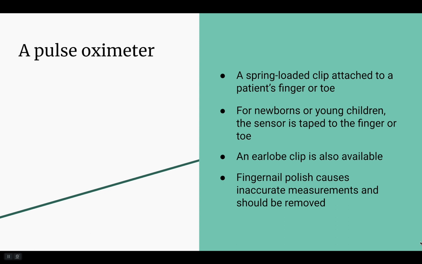An earlobe clip is an alternative for patients who cannot tolerate the finger or toe clip or have a condition, such as vasoconstriction and poor peripheral perfusion, that can affect the results. Fingernail polish causes inaccurate measurement and should be removed from the nail of the finger being used for measurement.